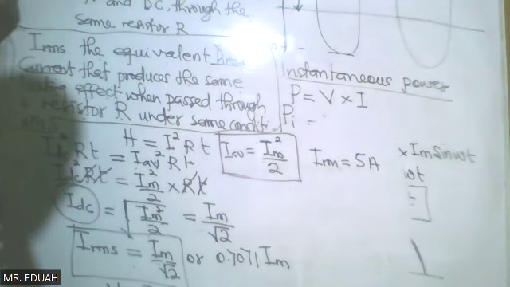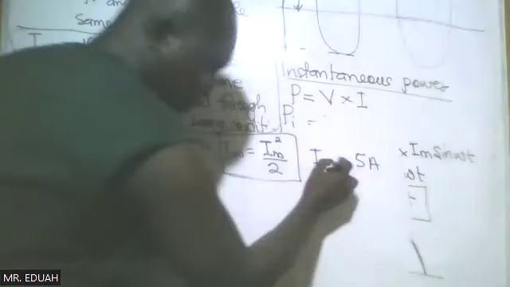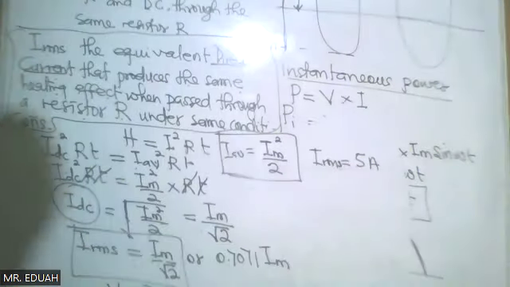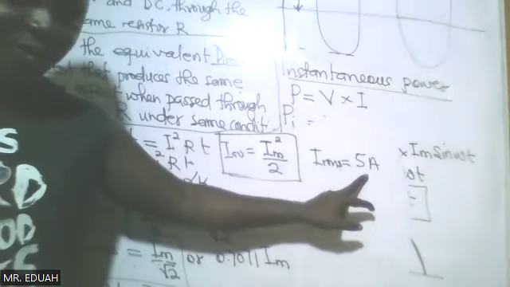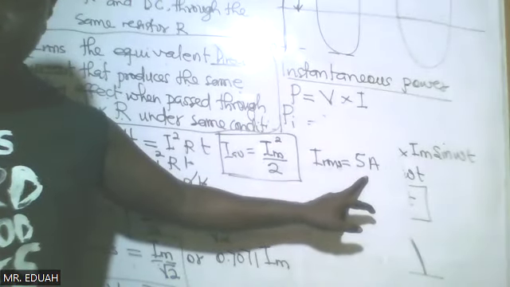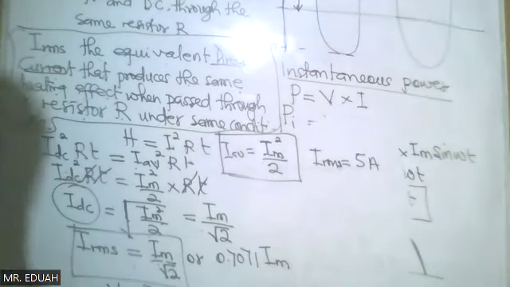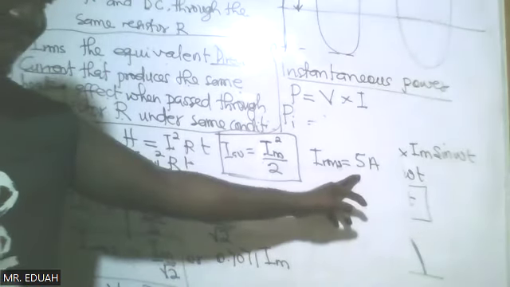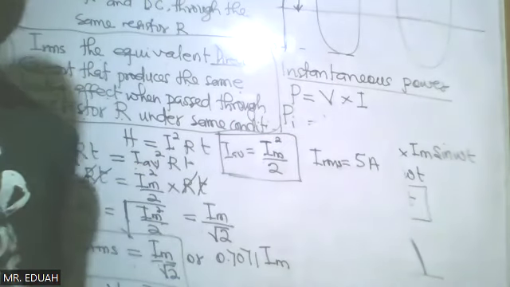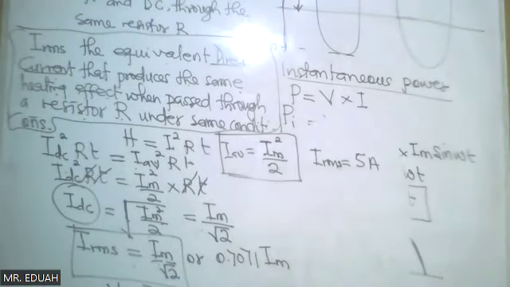If I_RMS current is 5 ampere, what does it mean? It means that the equivalent direct current, which will do the same work or produce the same heating effect as the AC under the same condition, is 5 ampere. This is what it means.